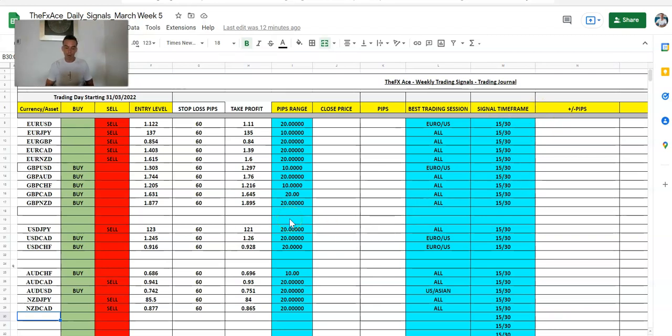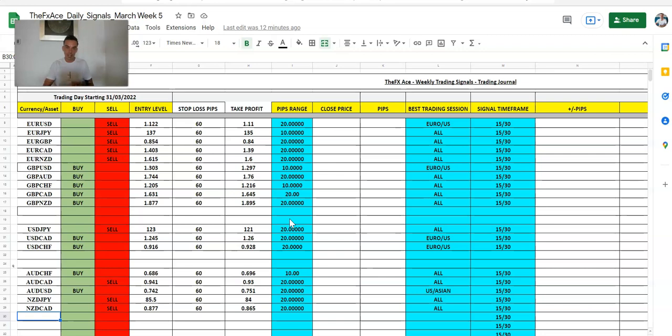One more thing: this spreadsheet is valid till the end of the next day's Asian session. I send this out before the Euro session starts, so we have the Euro session, the US session, and then tomorrow morning's Asian session.